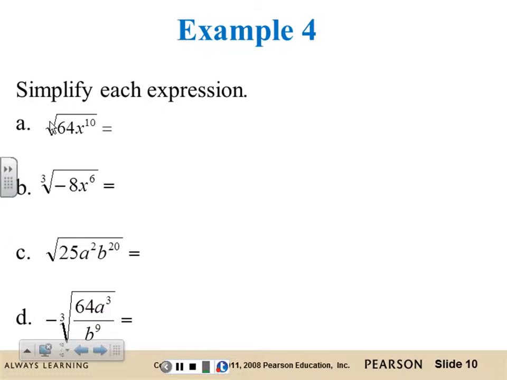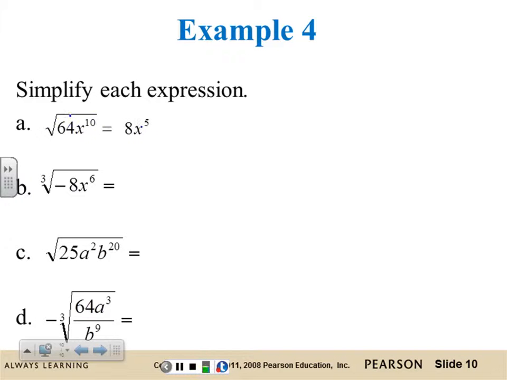The square root of 64x to the 10th power. Well, we know that the square root of 64 is 8, and then watch, we have 10 x's here. So if I take my exponent and basically divide it by 2, then I'm going to get 8x to the 5th power.